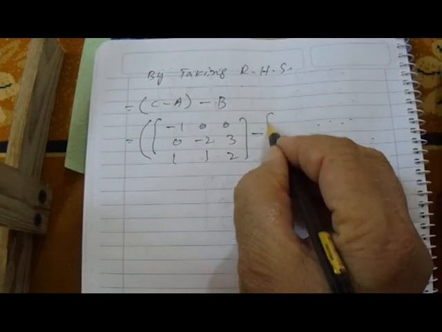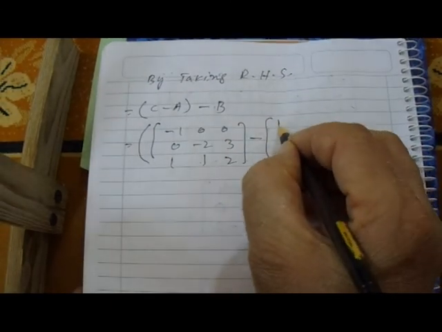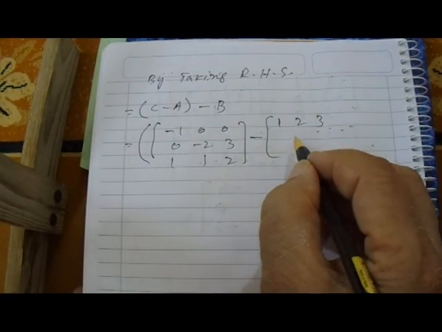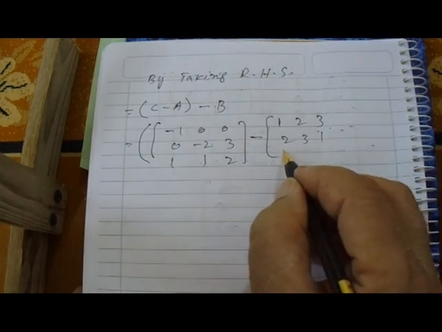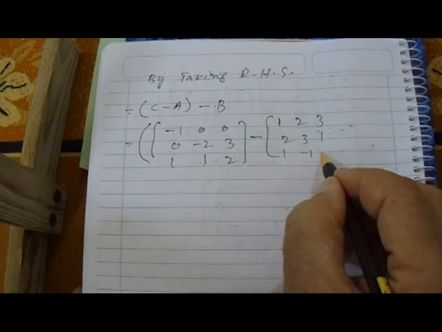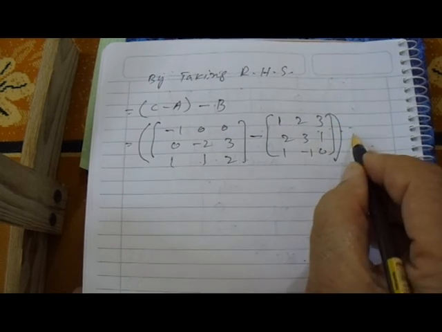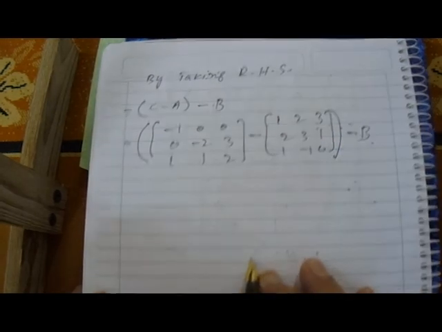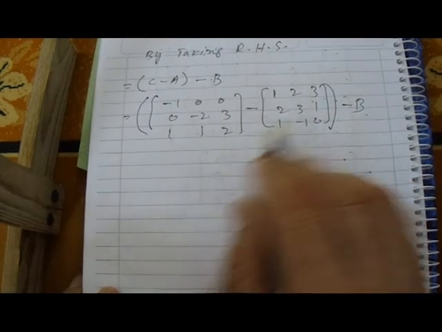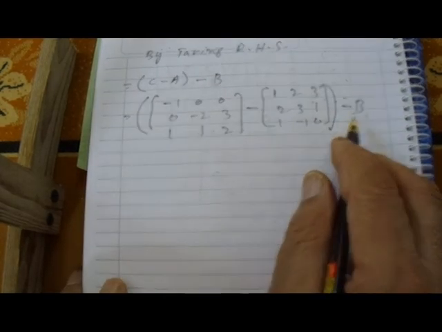Now we write A matrix. A is 1 2 3, and 2 3 1, and 1 minus 1 0. Now this is our A matrix. We put round brackets right here and minus B. After this solving we put the matrix B here.